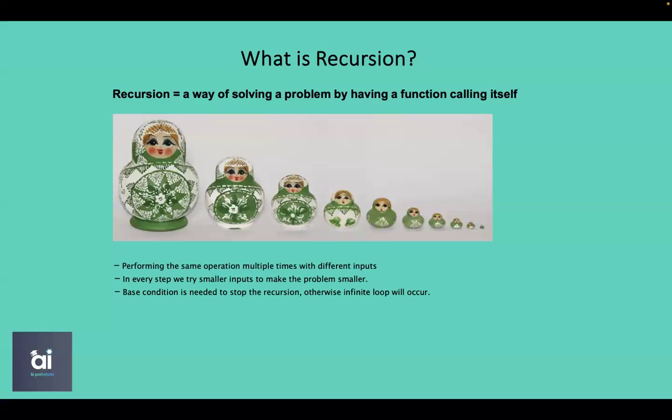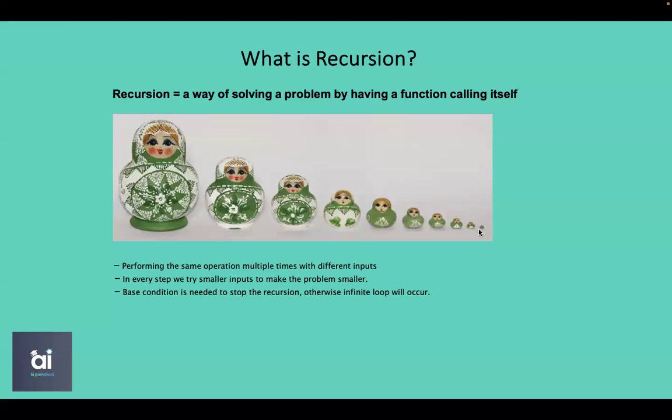In the case of Russian dolls, we opened the first one, then the second one, then the third one, until we reach this one, which is the smallest one. So we have to mention that when we reach the smallest one that cannot be opened, we need to stop here.